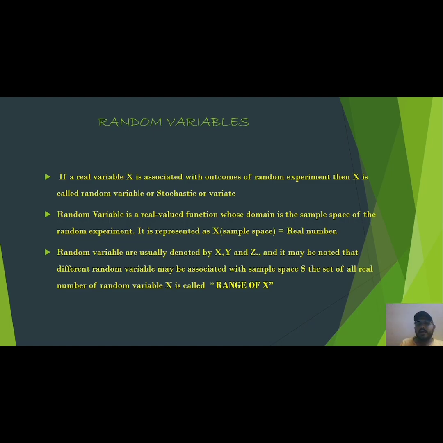It represents x equal to a real number, and random variables are usually denoted by capital X, Y, Z. Different random variables may be associated with the sample space S, the set of all real numbers, and the set of values of the random variable x is called the range of x.